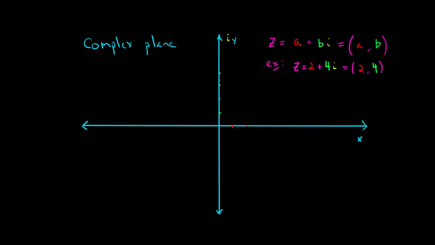So marching out over to 2 on the x-axis, on the real axis, and up 4 on the imaginary axis, there's my point, there's z. I can think of z again as a vector, and I'm going to draw the arrow showing that. So this is my complex number z equal to 2 plus 4i. The real part is 2. The real part of z equals 2. That's the length on the x-axis, and the imaginary part of z equals 4.